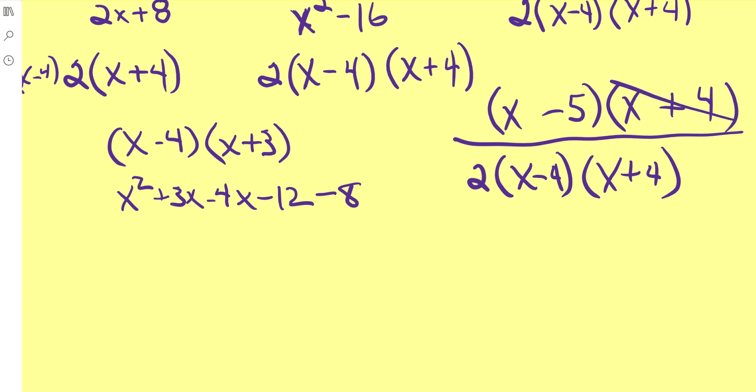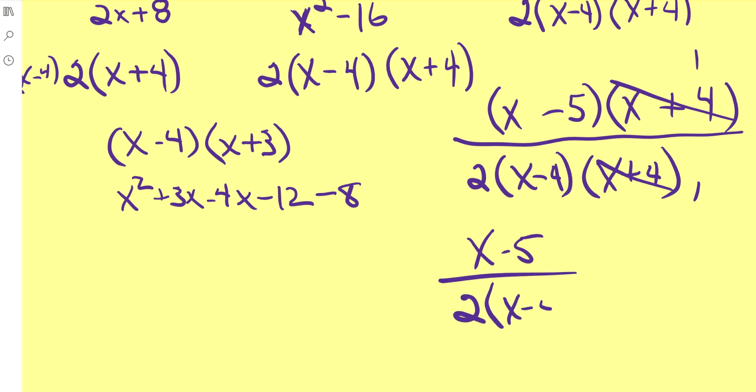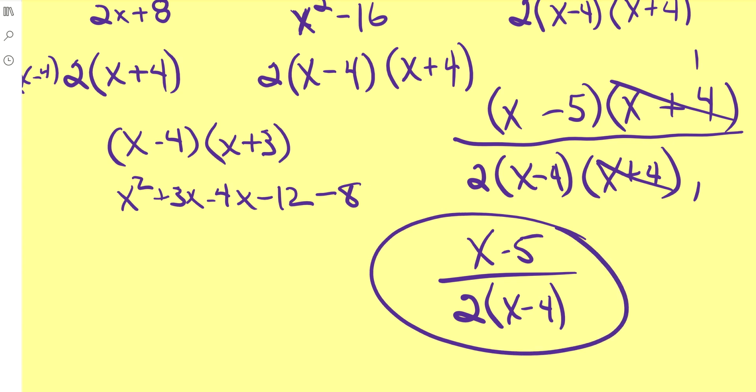How about the x plus 4's cancel out, become 1's, and I'm left with x minus 5 over 2 times x minus 4. And that is the solution for practice problem 6, where we're subtracting. Excellent.